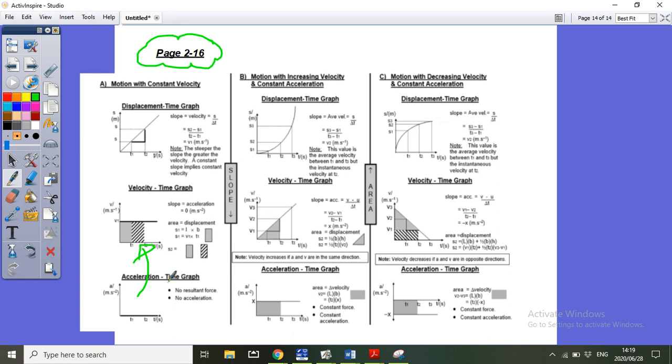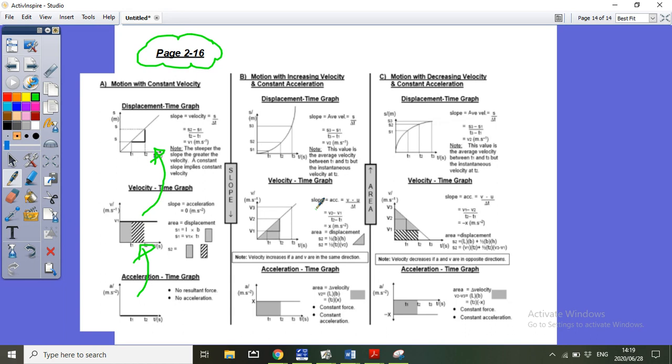It's not often asked because they have to give you a lot of detail if they give you an acceleration time graph, as you would see in the examples. The area of the velocity time graph, again, would give you the displacement. So you can go down like this with the slopes, up like this with the areas. So it's a good summary of everything that I've just tried to refresh your memory about.